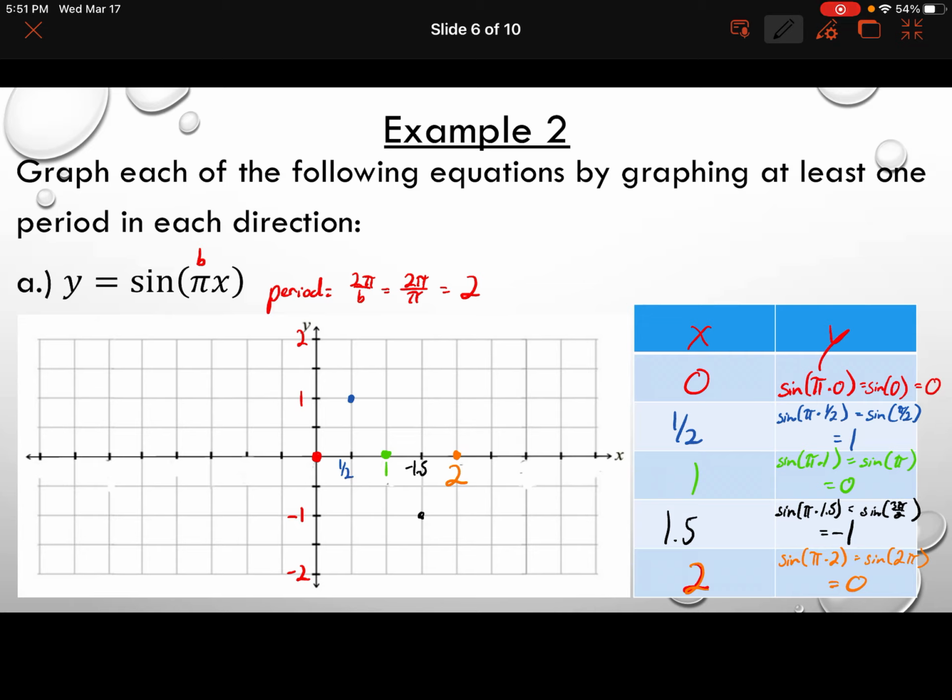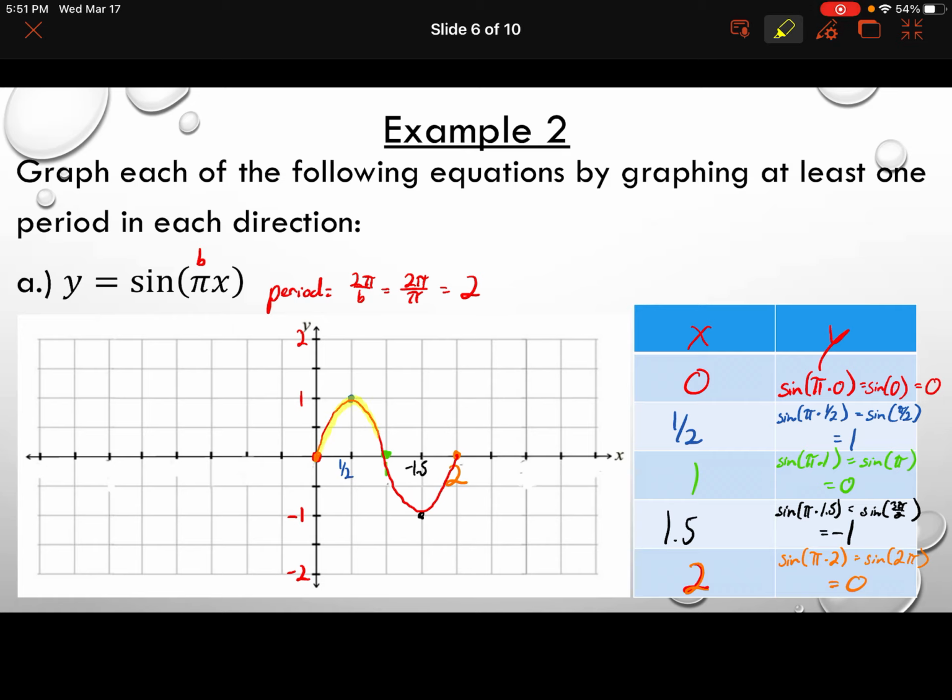Now we can make our curve by connecting the points. So let me see if I can do a good drawing of this. So I got to go there, there. Okay, so that's what we have so far. We have that curve. Remember, that is one period, which means once we plot these 5 points, we can just continue the cycle, people.